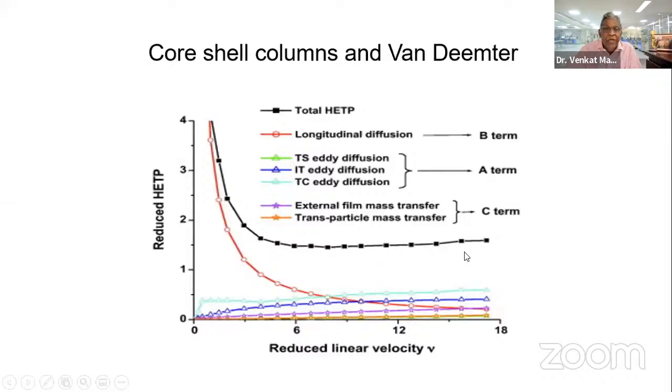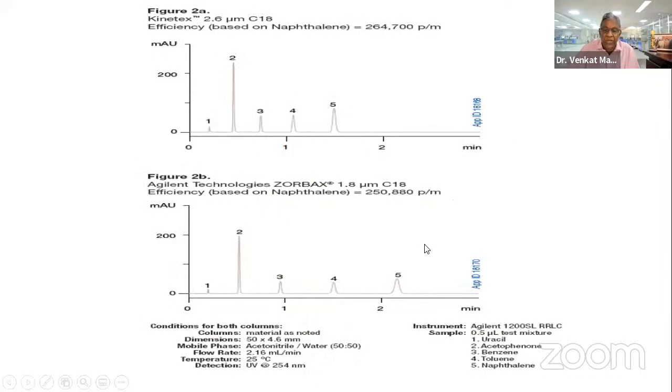Thereby, my efficiency of separation, fast analysis, and also resolution can all be done very well, because the trans-particle mass transfer is excellent. Diffusion is also very good. Longitudinal diffusion is also low. Therefore, effectively, the H value is so low. You can see here, a 1.8 micron particle gives peaks in more than 2 minutes, whereas a 2.6 micron column gives them in less than 1.5 minutes. This is a typical analysis I have shown you, taken from literature.